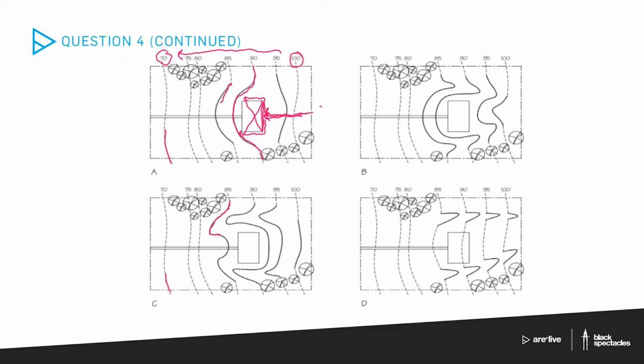There's nothing on this diagram that is going to get the water around the proposed building in an efficient way. So while A does create that building pad, that's an important aspect of site drainage, there are still some drainage issues that are going to be imminent if this was the topography modification that was chosen for the building. So we can just mark choice A as incorrect, I think.